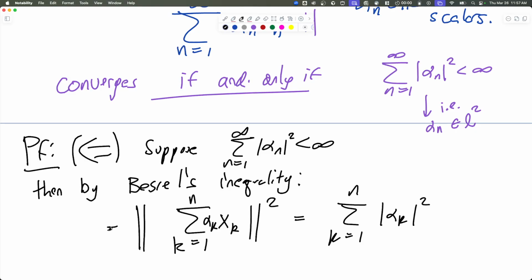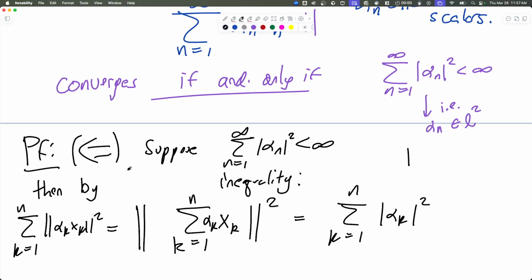And this is also equal to the sum from k equals 1 to n of the norm of alpha k xk squared. And this is not by Bessel, like I said, this is by Pythagoras. I named the wrong famous dead guy. Okay, by Pythagoras.